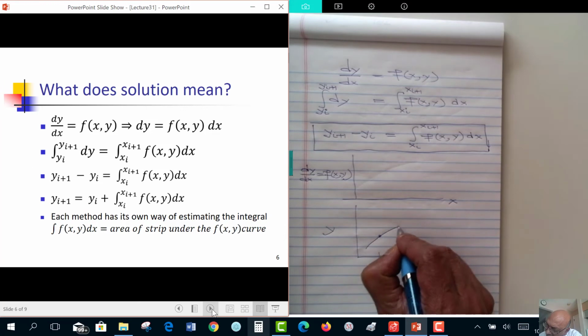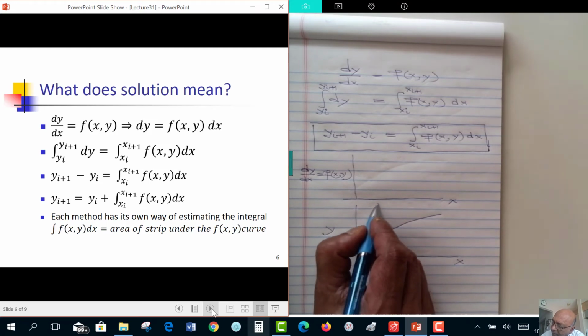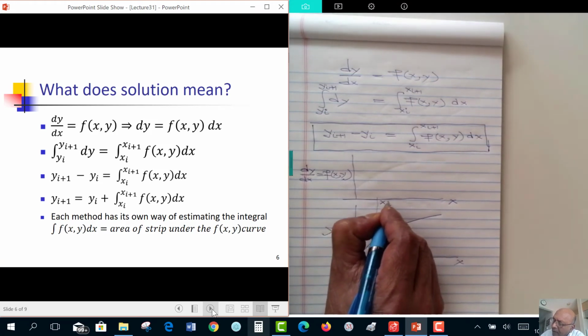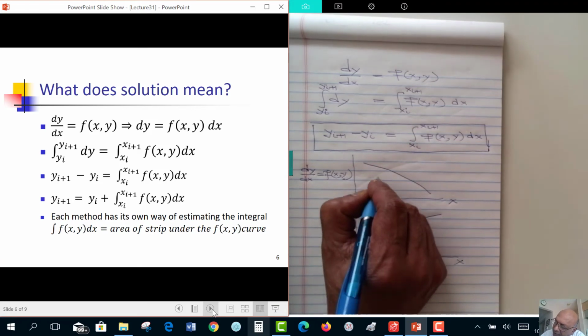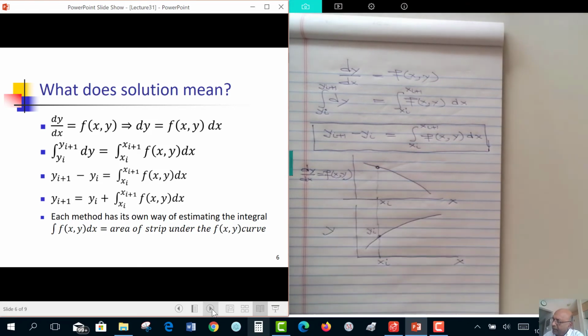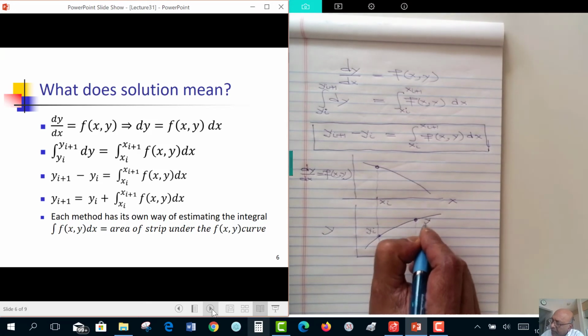Let's say the y curve looks like this. So we know yi. And let's say our curve looks like this. Okay. So what we want is at xi plus 1, we want this yi plus 1.